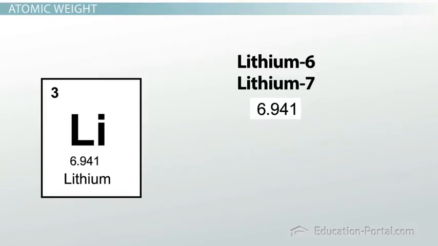Because the number 6.941 is much closer to 7, there is likely to be much more lithium-7 that exists in nature. Keep in mind, just like the apples and the hydrogen atoms, both of these lithium isotopes will have similar behaviors. Their only difference is their mass.